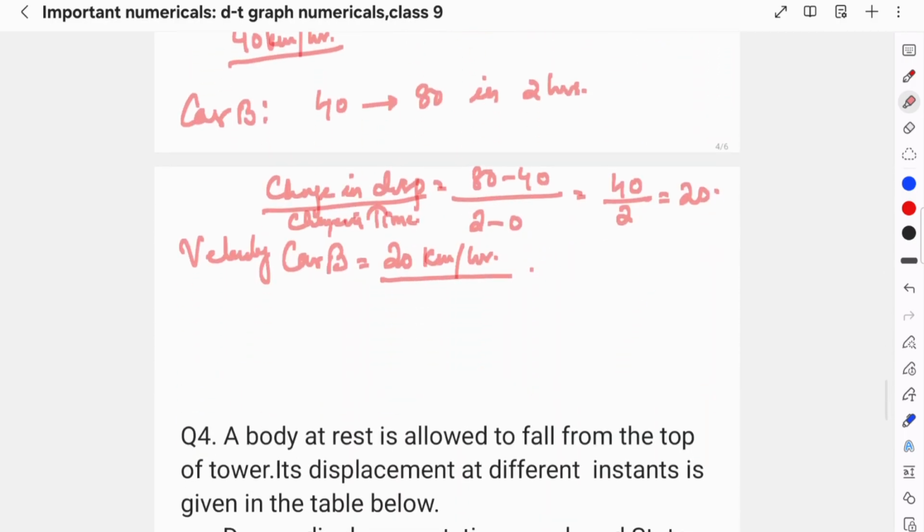So the question is the time in which car A catches car B. So we can say car A catches car B in 2 hours. This is the answer.